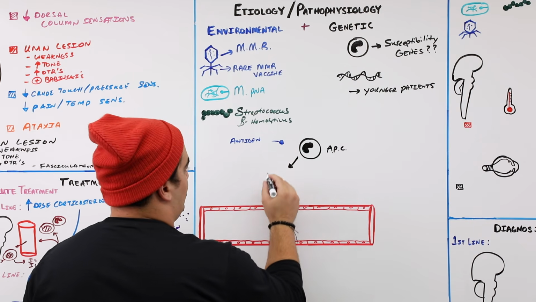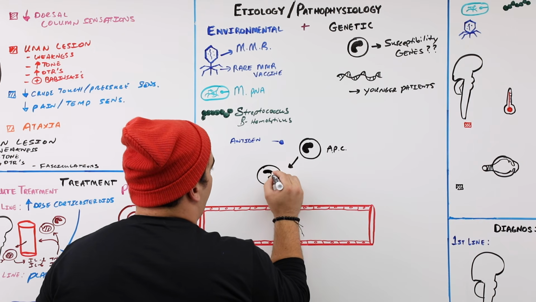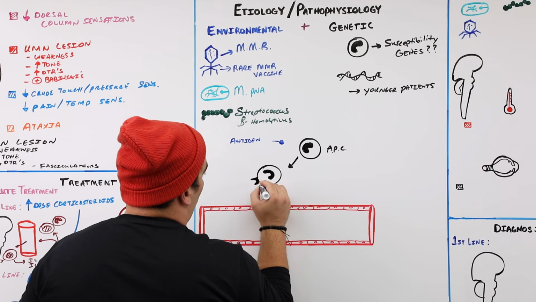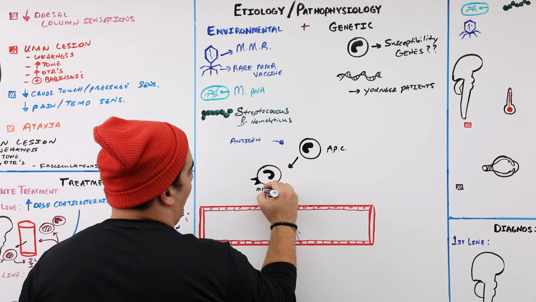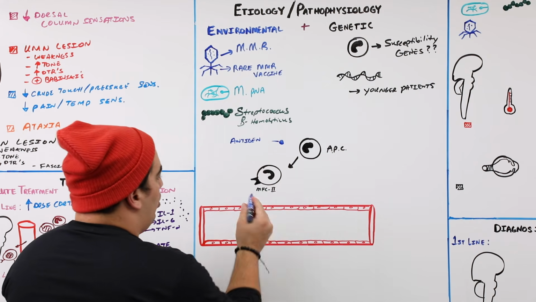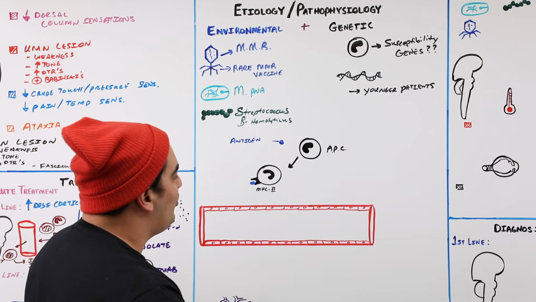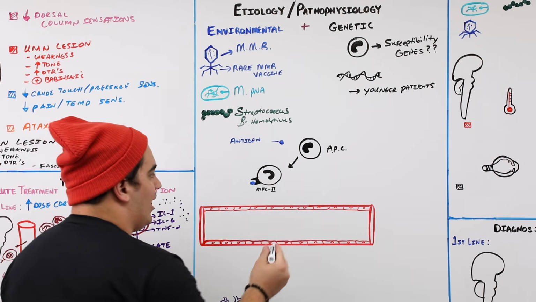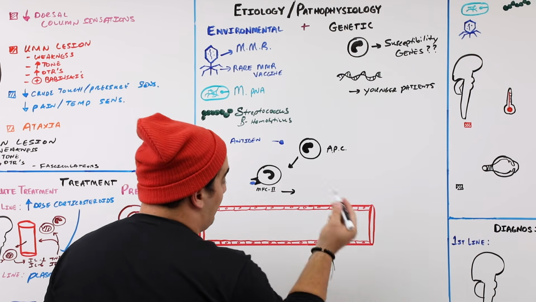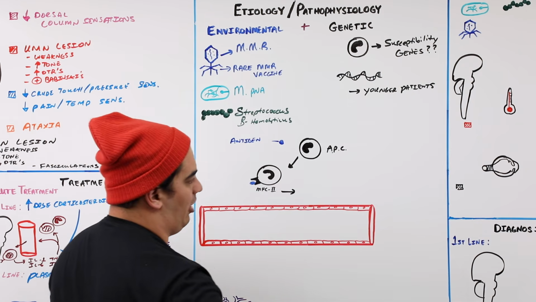It engulfs the antigen. When it engulfs the antigen, it exposes a piece of that antigen on its cell surface in the form of what's called an MHC2 complex. Normally, it'll put this antigen on that MHC2 complex, and then present this to another type of cell, a T cell, a helper T cell particularly.